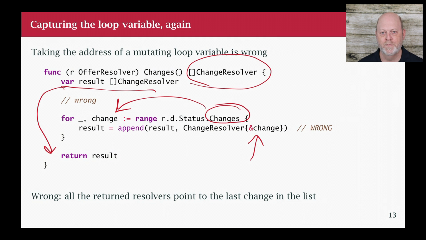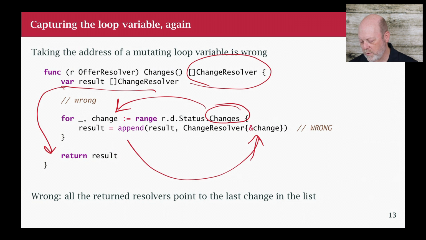For whatever reason, I'm returning a slice, and my slice has change resolvers with pointers. And guess what? I've just done the same thing again, right? I am keeping a reference to this one variable change. And so I actually saw this create a bug, because we returned a list of changes where the only change you saw was n copies of the last change, the one that was last seen in the loop.